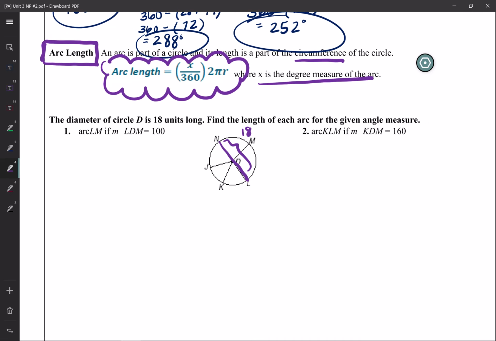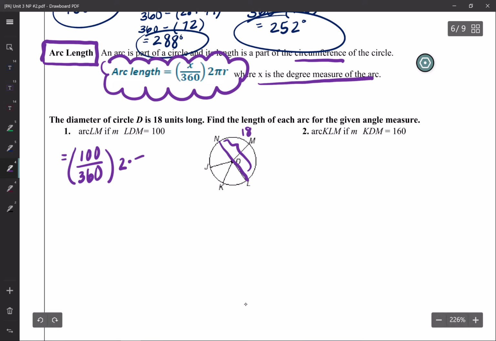So I need to find the length of arc LM, and the way I do that is get the degree measure of the arc. So LDM is 100 over 360 times 2 times pi times our radius, which in this case is going to be 9, since 18 is the diameter. And I would just plug this into the calculator.